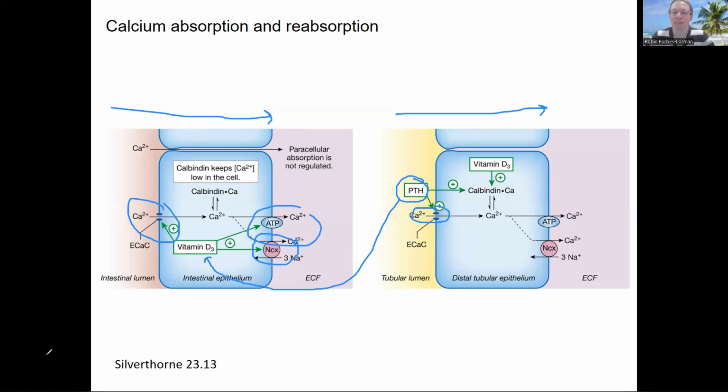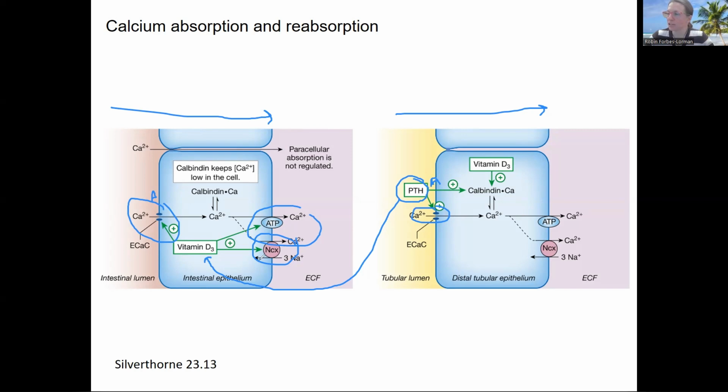So in both of these cases, a similar process is happening. We've got calcium channels on the apical surface. So that would be here, label that apical surface. And calcium can flow passively down through those channels down a concentration gradient. It's then going to move out the basal membrane in both of these cases through two different mechanisms. One is this antiport.